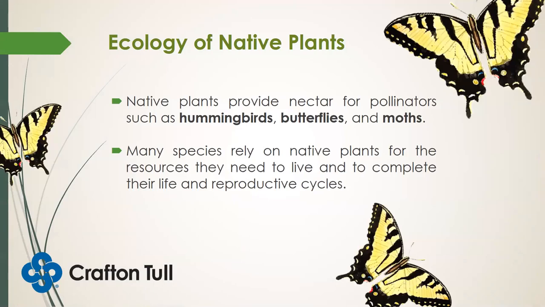Yeah, so native plants are already a part of our local ecosystem. They have been evolving alongside various other species such as hummingbirds, butterflies, moths, and other pollinators for thousands of years, and have come to develop relationships with these other species. A lot of species rely on native plant species in order to live and complete their life and reproductive cycles.